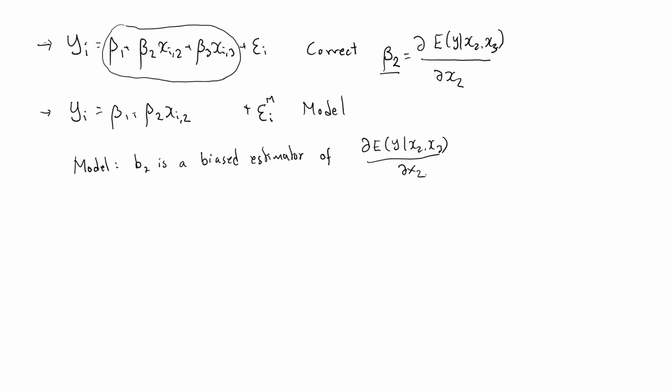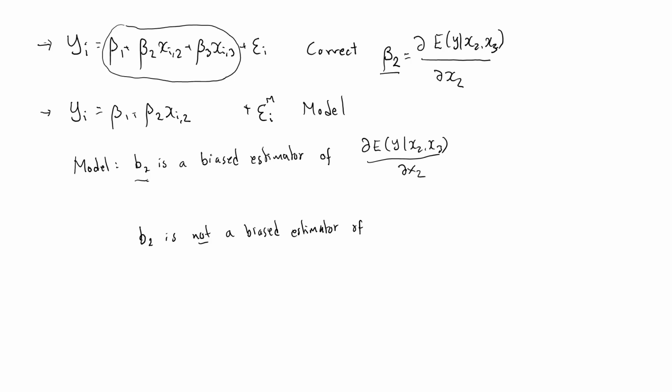If I run my regression model with missing x3 and I try to interpret my estimator B2 as the effect of increasing x2 by 1 unit, keeping x3 constant, then my answer will be biased.